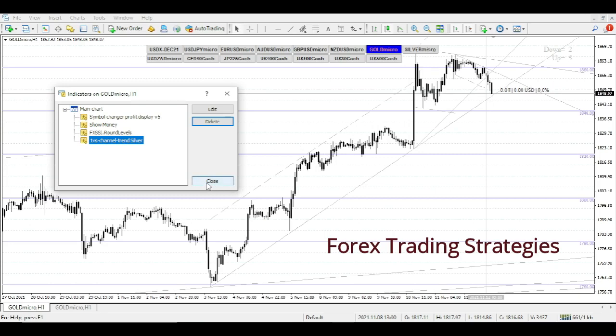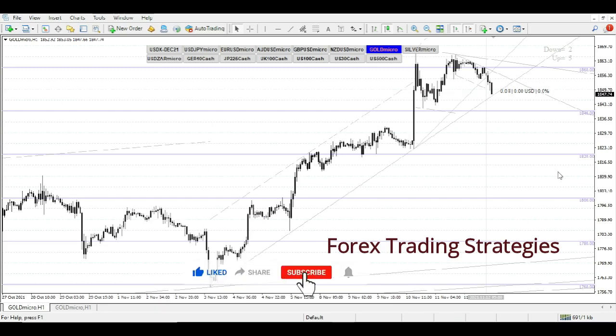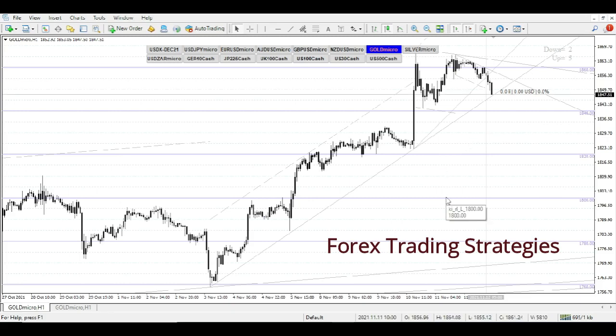So that's that. And before you use this indicator, there's a word of caution. The channel indicator does not mean you are going to magically or miraculously start making lots of money. It's important that I say that, because people tend to think that in forex trading you can just plug in a couple of indicators on your charts and boom, you are making millions.